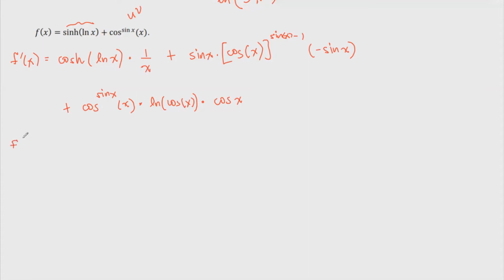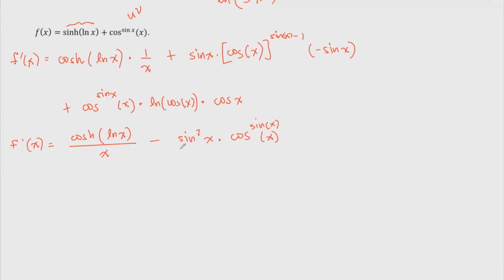We just need to simplify this. So we have hyperbolic cosine of ln of x, and then we divide this by x, and then we can actually subtract this with sine squared x times cosine of x raised to sine of x.